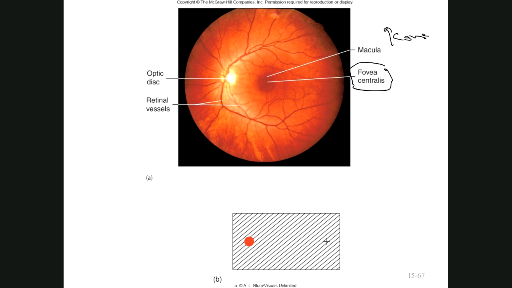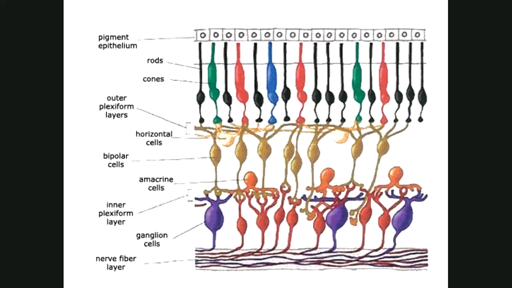And in this fovea, there's nothing blocking it, so we have the highest visual acuity. It's where your absolute best, clearest vision is, because all of these cells are folded off to the side.